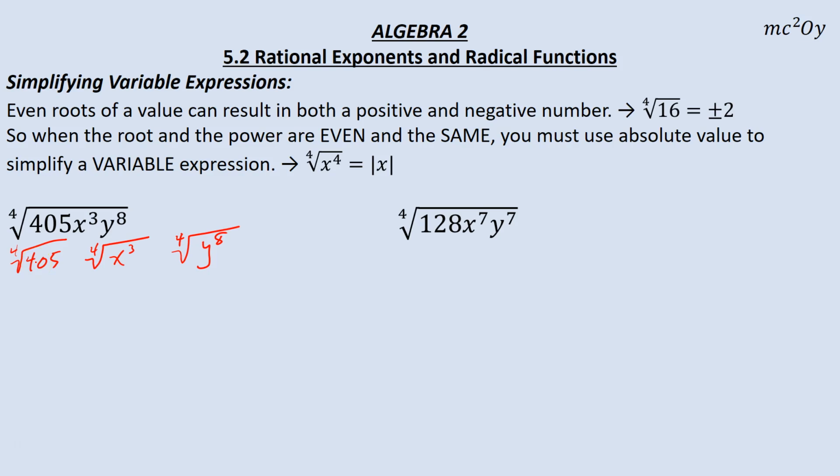Well, for the fourth root of 405, I think x to the 4th, right, is 1, 16, 3 times 3 times 3 times 3, so 81. 81 goes into 405 5 times. Okay. So that'll be the fourth root of 81 times the fourth root of 5. And the fourth root of 81 is 3. So we get 3 fourth root of 5.